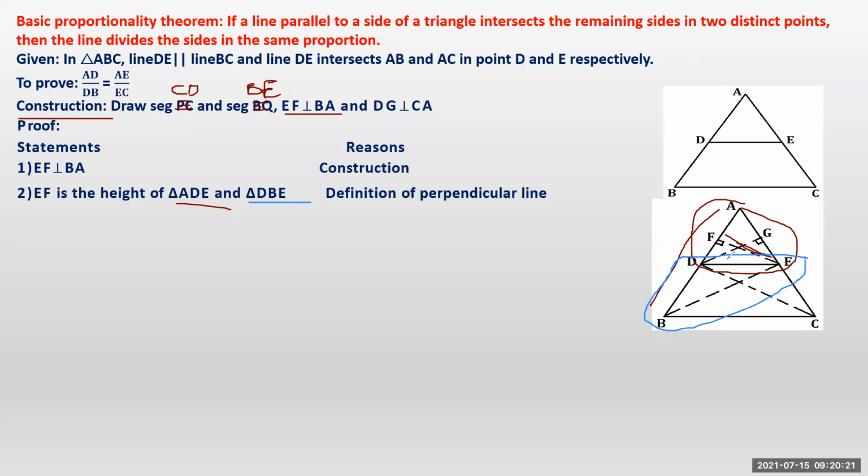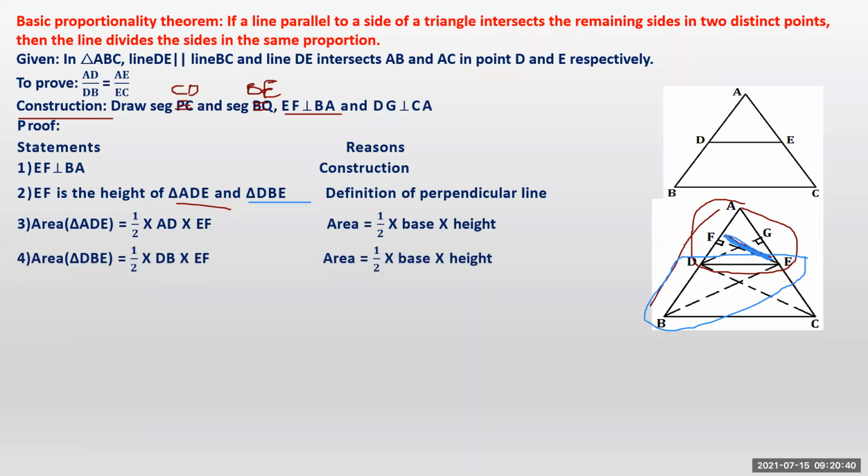Now for these two triangles, what has happened? EF is the same height. So which property are you going to apply? The property of same height. When it is the property of same height, you'll get that in terms of the base.